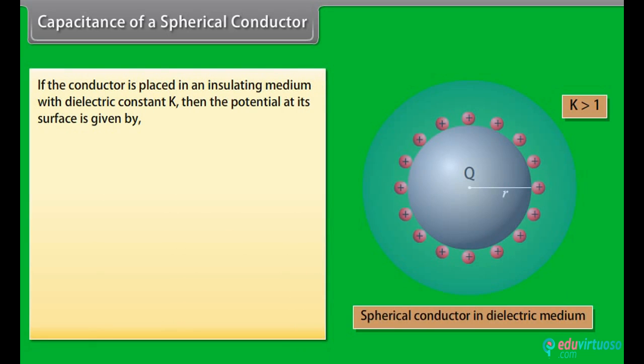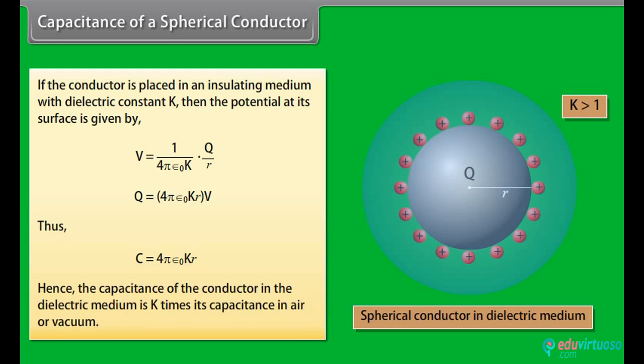If the conductor is placed in an insulating medium with dielectric constant K, then the potential at its surface is given by V is equal to 1 upon 4 pi epsilon naught K multiplied by Q upon R. It can also be written as Q is equal to the product of 4 pi epsilon naught K, R and V. Thus, C is equal to 4 pi epsilon naught Kr.